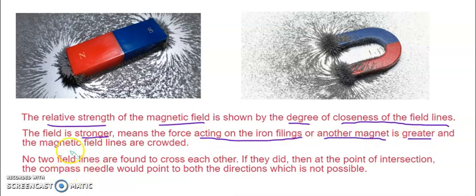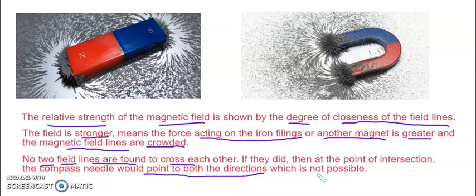That means the field lines are crowded. When you see all the lines crowding together, that means the magnetic force is very strong. No two field lines will ever cross each other. If they do, then the compass will point in both directions at one place, which is not possible.